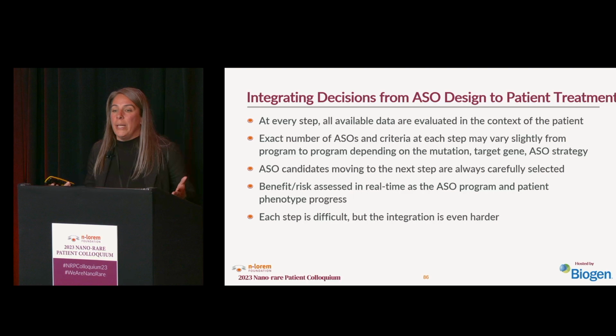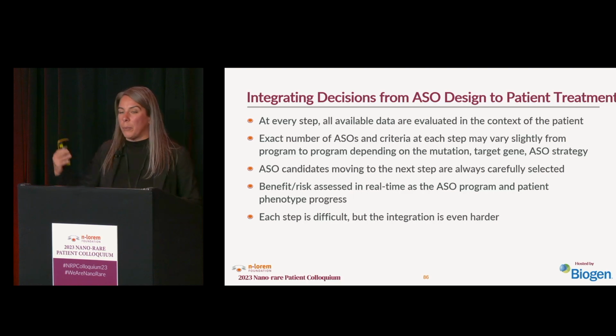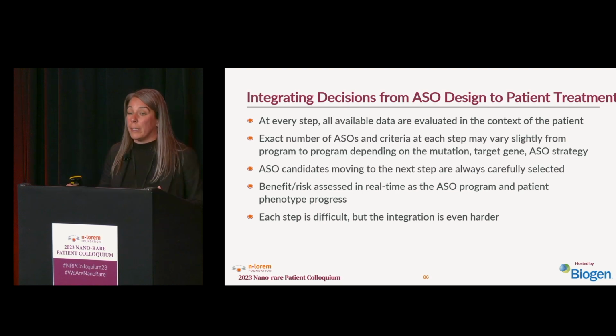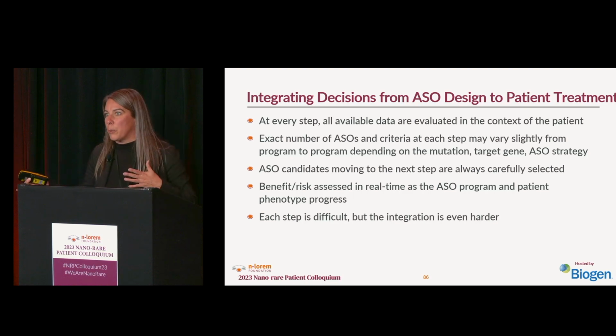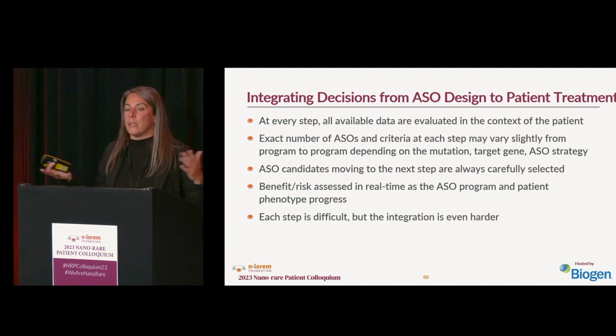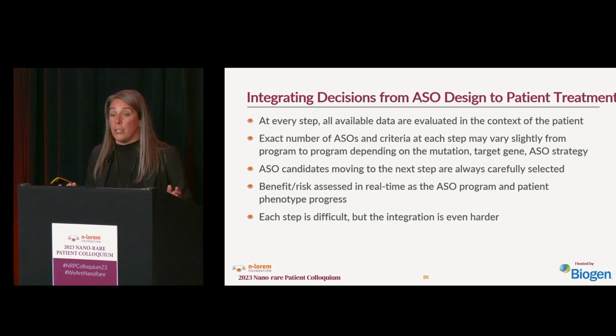Okay, and so really what is the most critical is to integrate decisions from top to bottom. So each step of this process is extremely difficult, but integration throughout the process is even harder. And we really perform this risk-benefit assessment in real time as our ASO program progresses, but also as the patient phenotype potentially progresses.